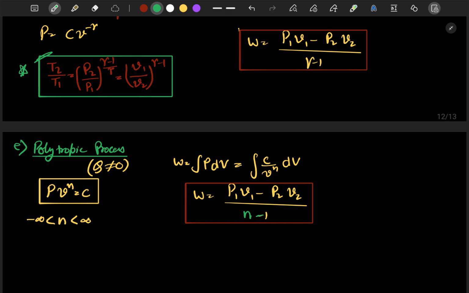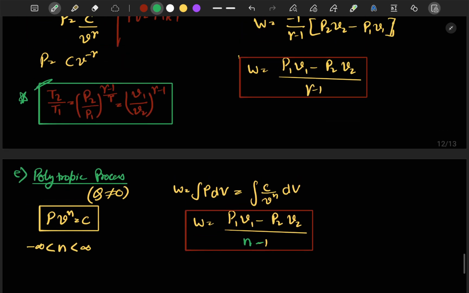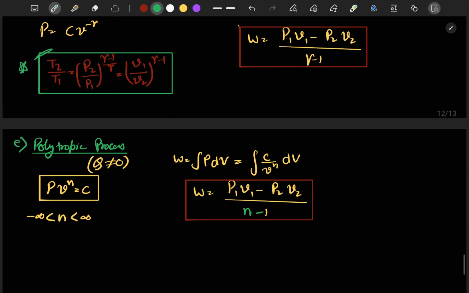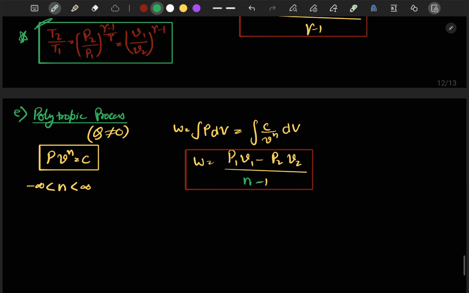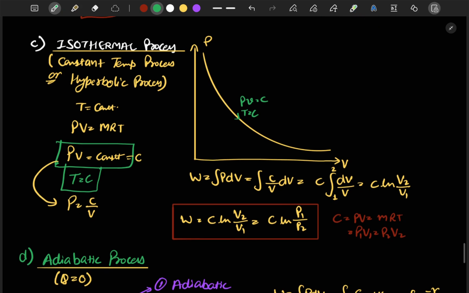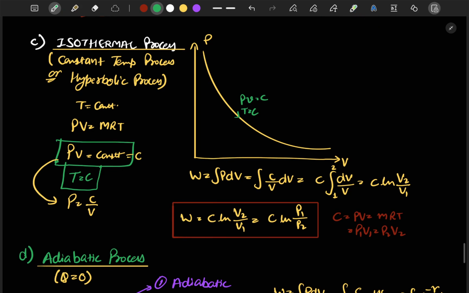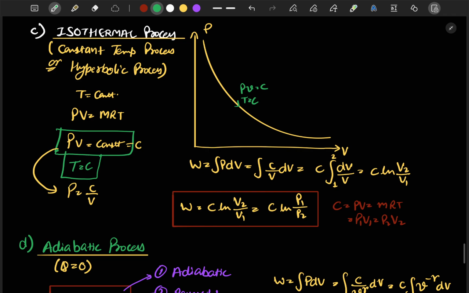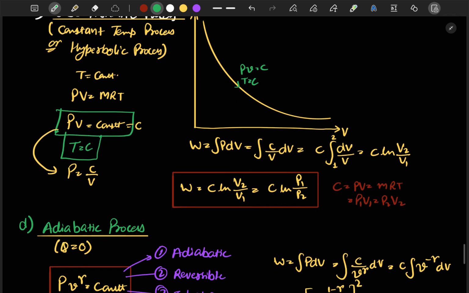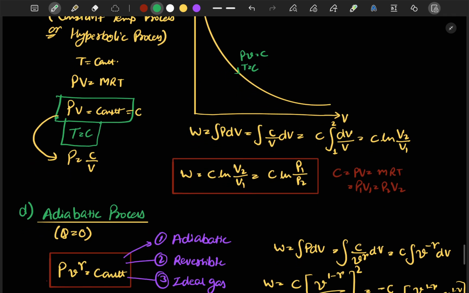Now there is one more thing. Consider how we make the graph for the polytropic process. It will also be a type of parabola, similar to the isothermal process, but there will be a difference in their slopes.